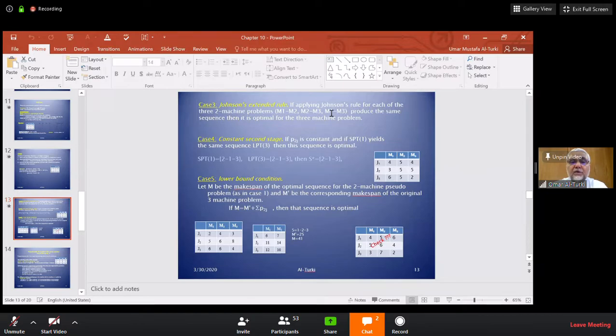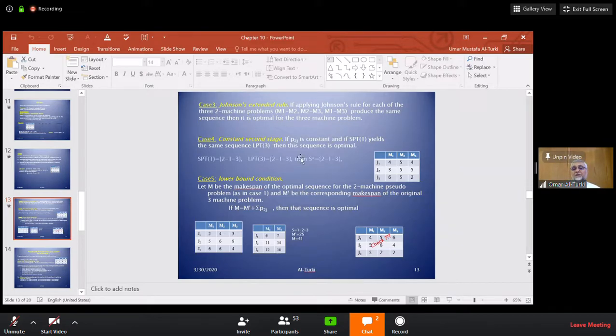The fourth case, this is an example, is when the second machine is constant, when the processing times on the second machine are constant. In that case, if P2 is a constant, and if SPT on machine 1 gives the same sequence as LPT on machine 3, then this sequence is optimal.